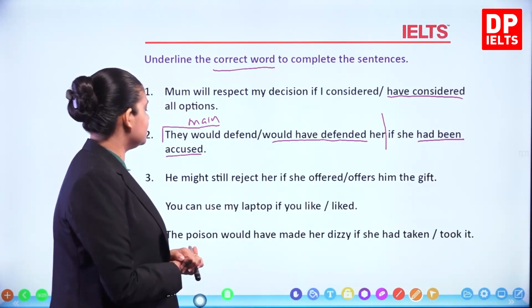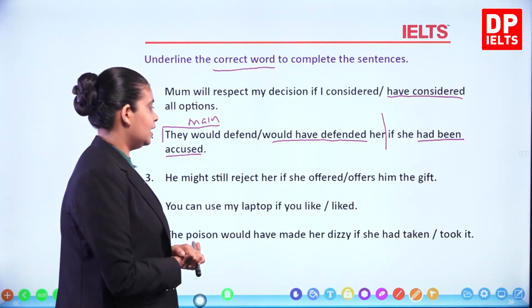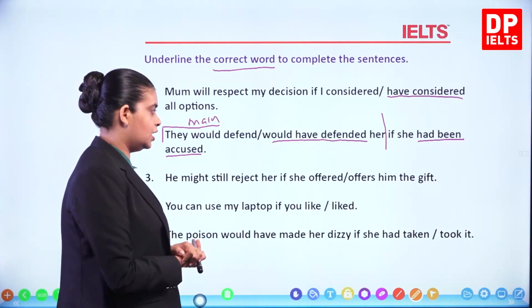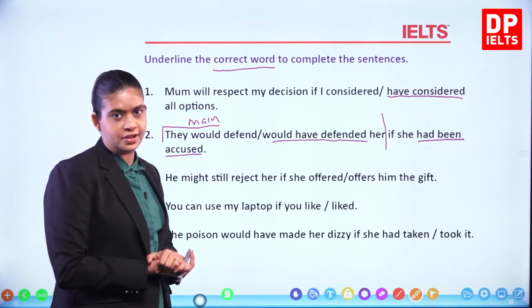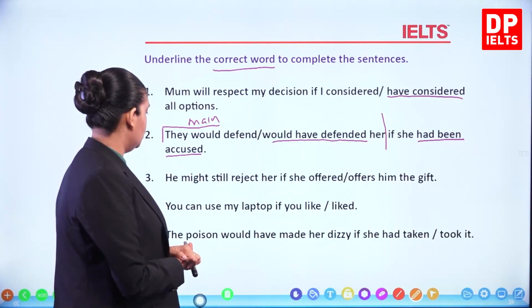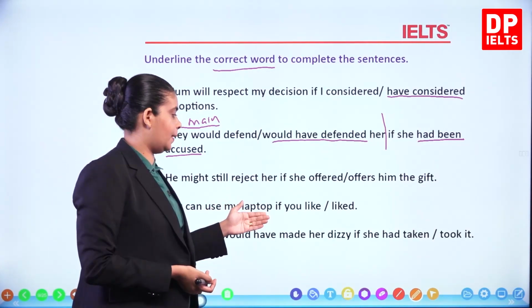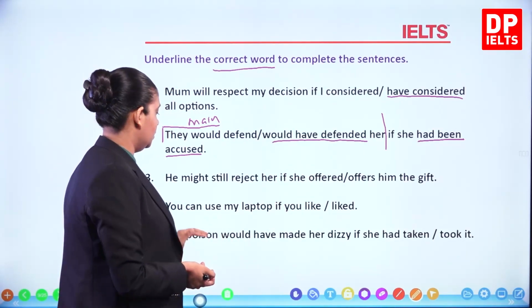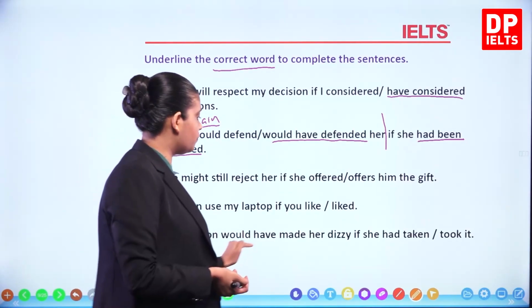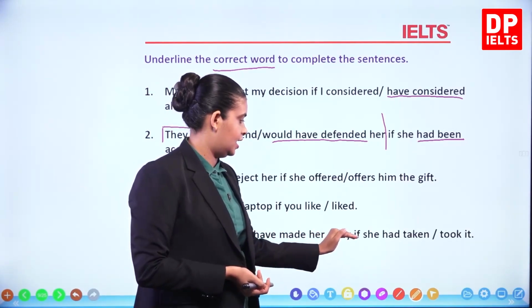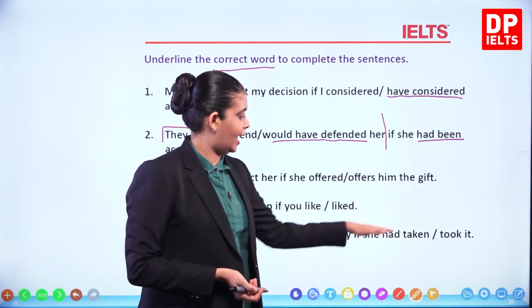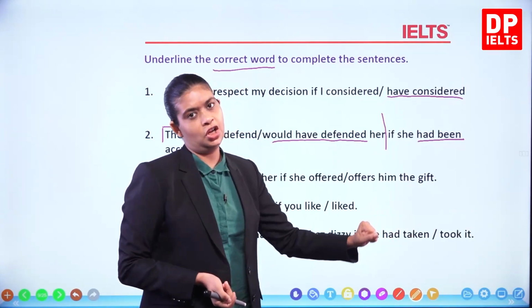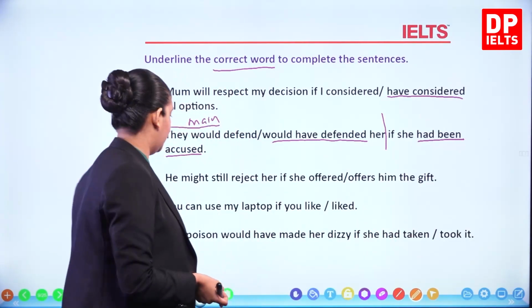He might still reject her if she offers him a gift. You can use my laptop if you like or liked. The poison would have made her dizzy if she had taken it, if she took it. Okay?